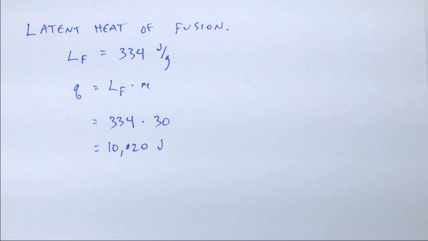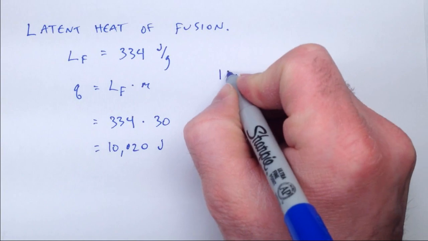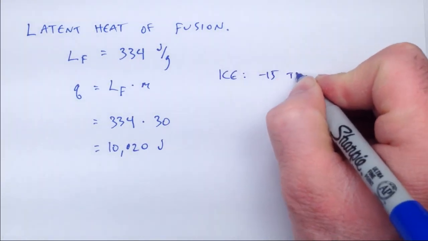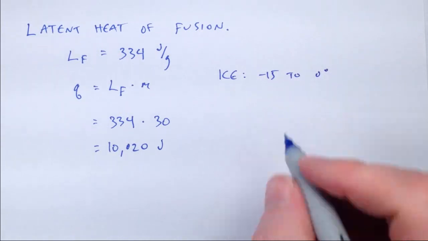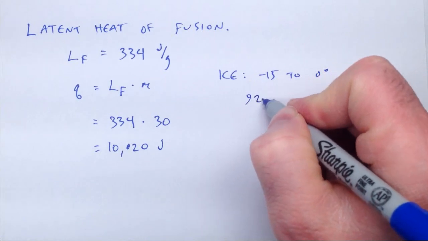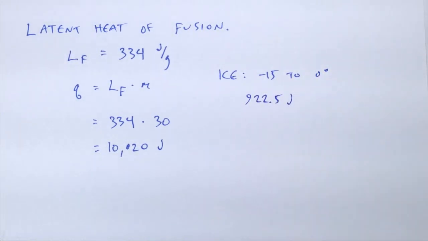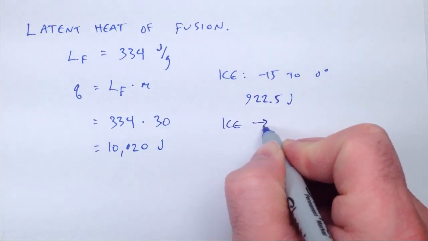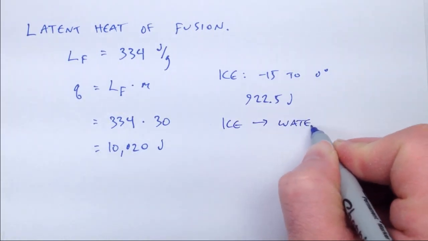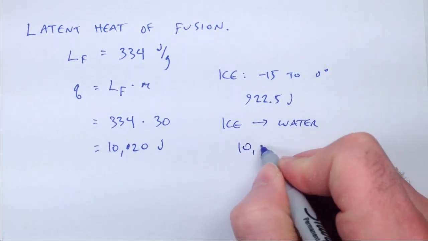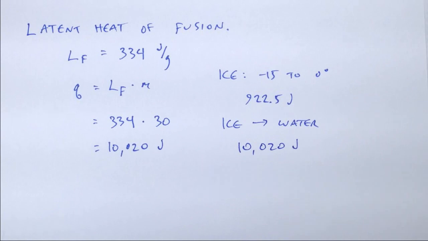So, if we were to get a sum total for this, we're talking ice, -15 to 0 degrees. That is going to cost you 922.5 joules. Now, to get from ice to water, that one is going to cost you 10,020 joules.